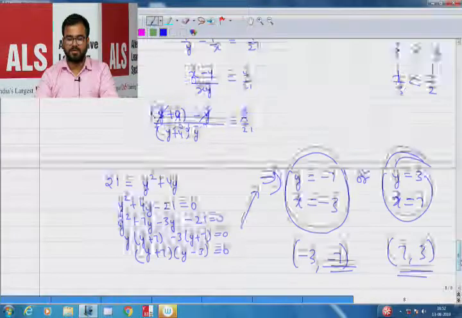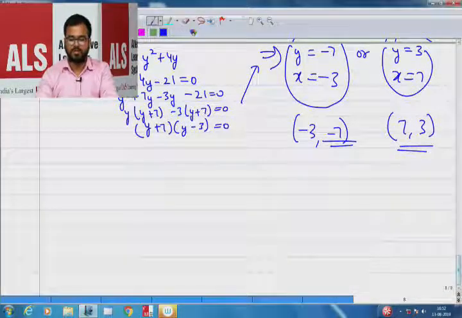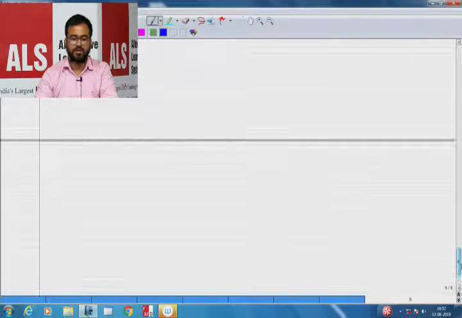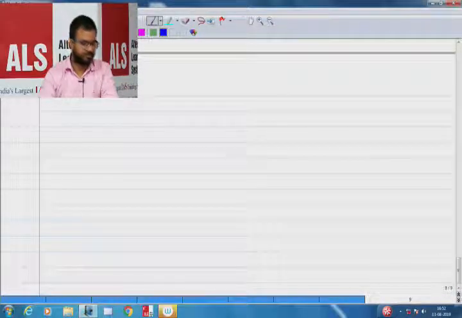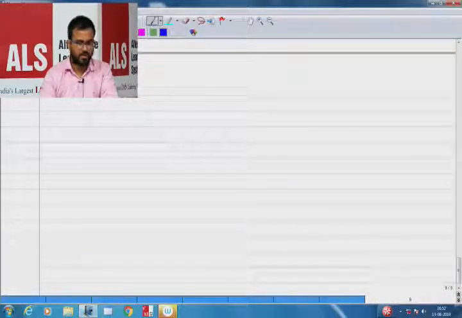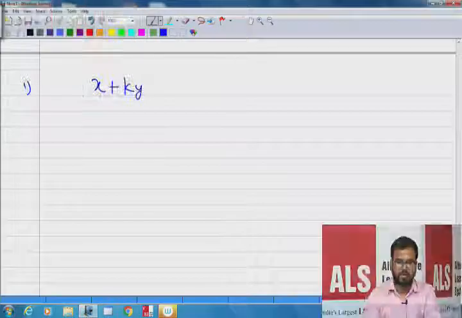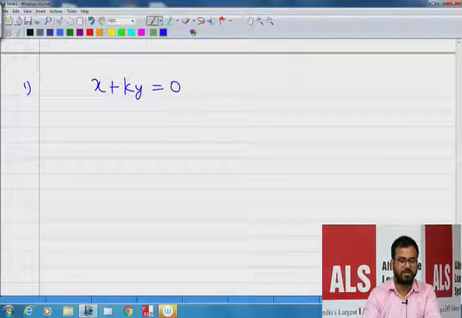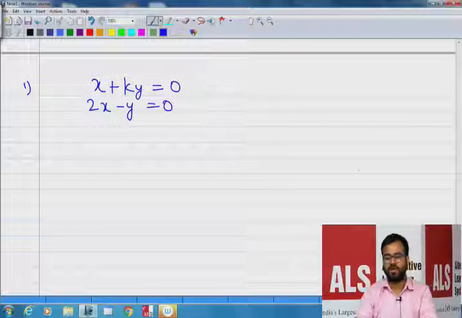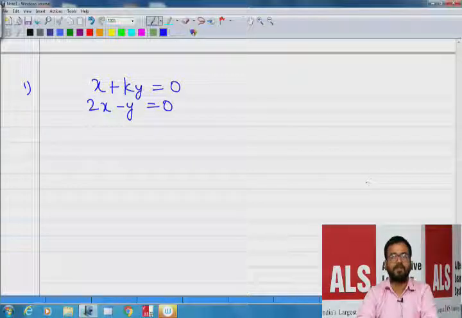Now the next one, based on the logic, suppose it says x plus ky is equal to 0, 2x minus y is equal to 0.